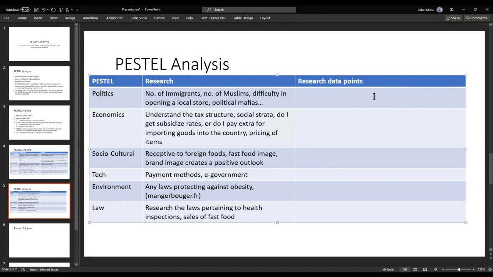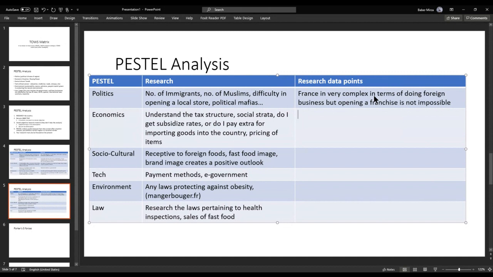I found out that France is very complex in terms of doing foreign business. But opening a franchise is not impossible. But it has difficulties, okay?